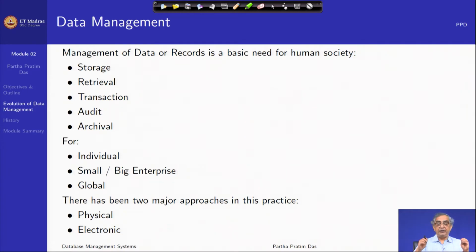You need to remember things: how much money I have, how much inventory I control, how many people an organization employs, and so on. So, storage is important. Along with storage comes retrieval: whatever data is stored, I should be able to get it back. So, storage and retrieval are the key requirements of data and records management.